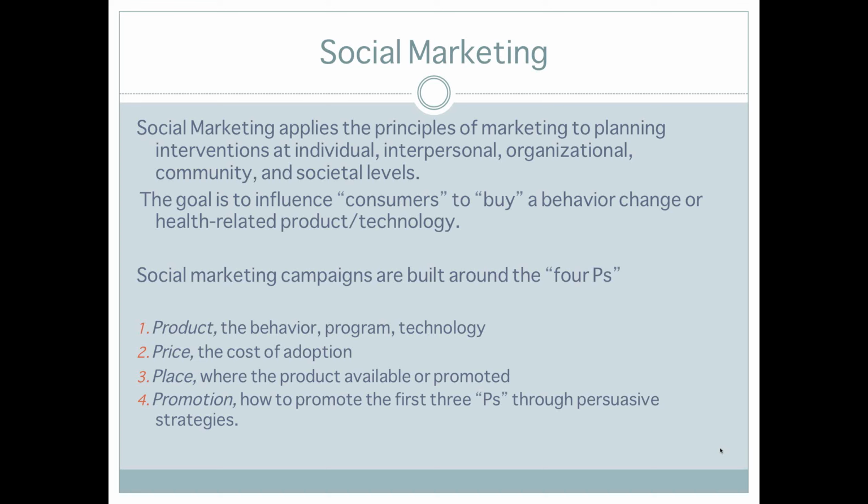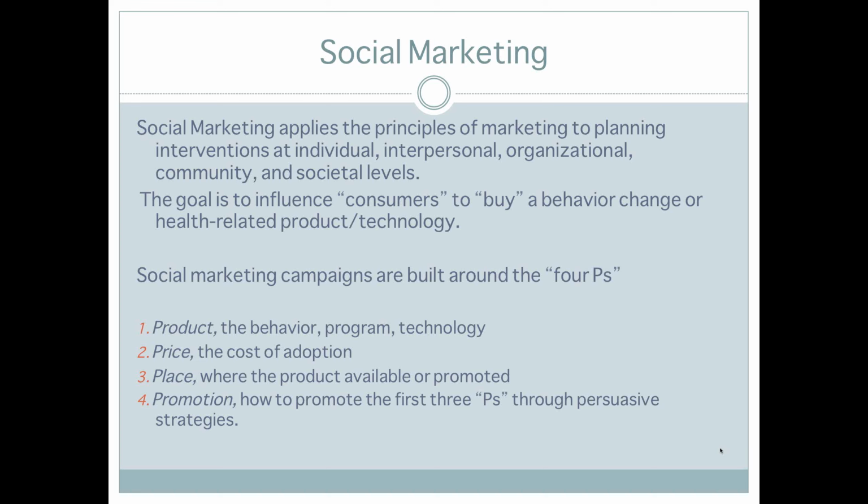In social marketing, the principles from business and finance about learning how to advertise and market products to audiences, those principles have been applied to the particular case of being able to market an intervention either to individuals, at the interpersonal level, to small groups, to organizations, to communities, or to societies.